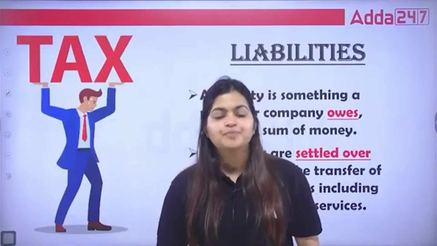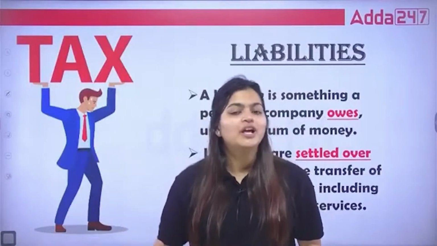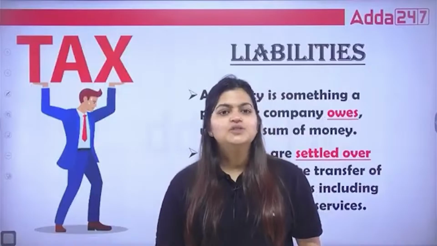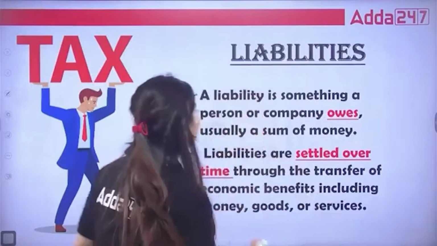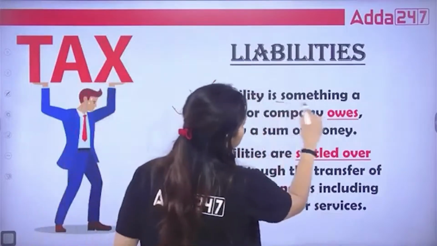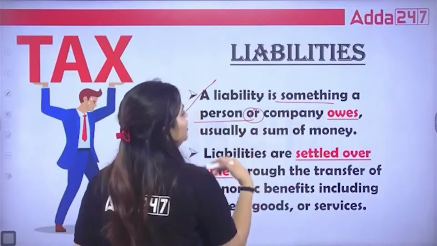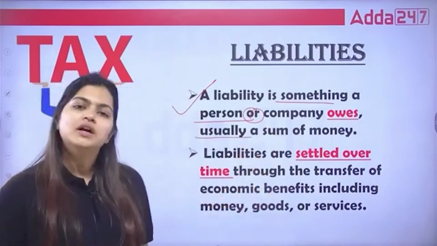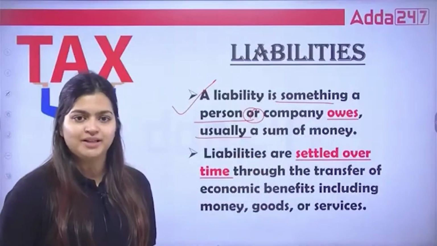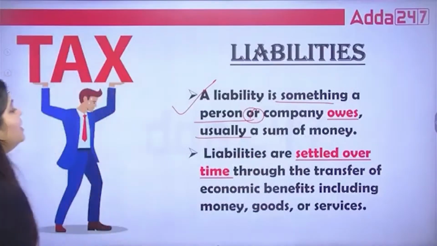If you have taken any loan, you need to repay it to the bank. If you have borrowed any amount from your friends, you need to repay it. So all these are creating liabilities, obligation on you. So liability is something a person or a company owes, usually a sum of money. Generally we borrow in terms of cash only. So that is your liabilities.